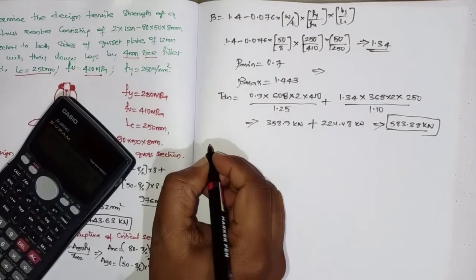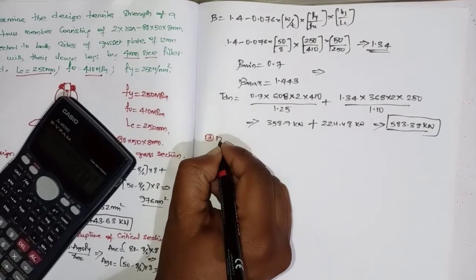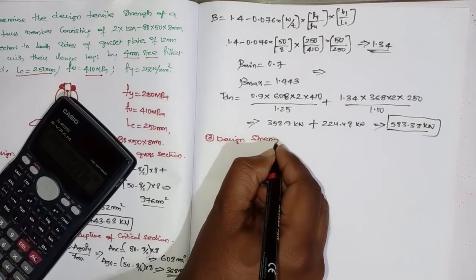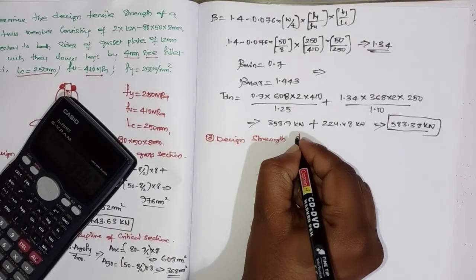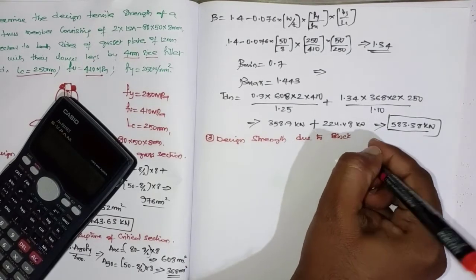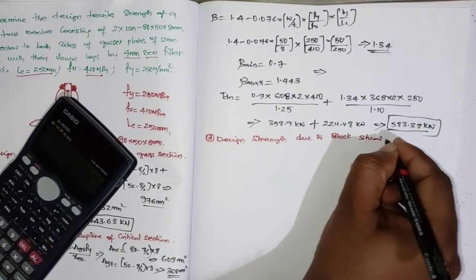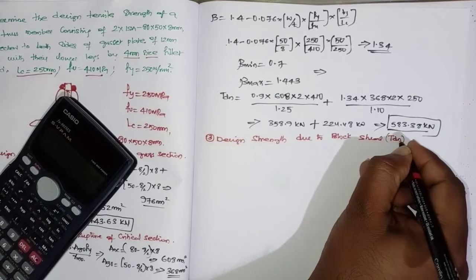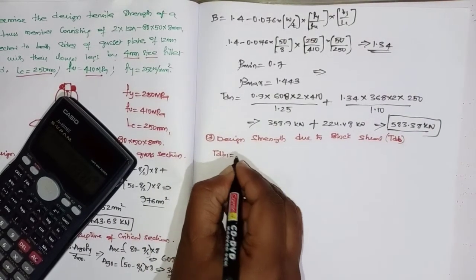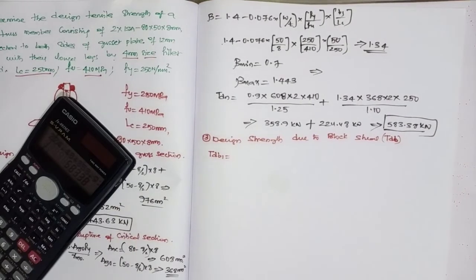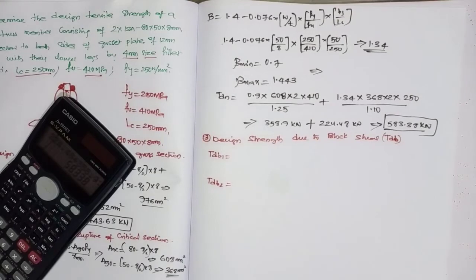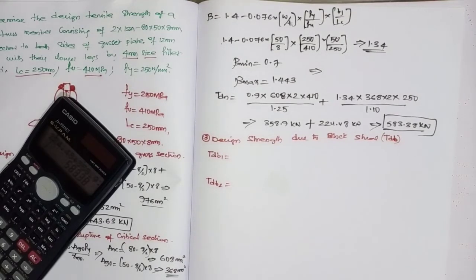Next, design strength due to block shear, that is Tdb. So Tdb1, Tdb2. What is Tdb1?